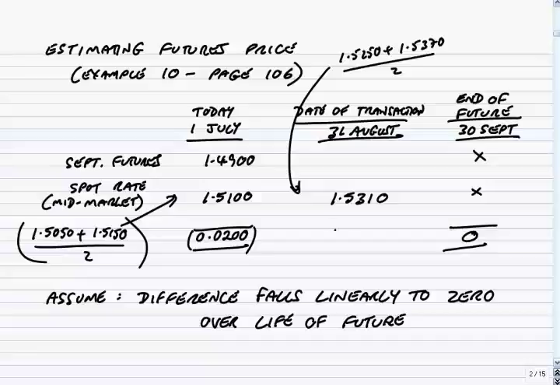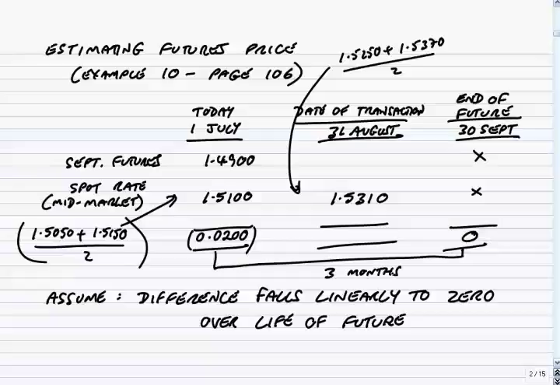So let's work it out. At the moment, how many months are there to go? Beginning of July to end of September, July, August, September, there's 3 months. We want to know what the difference will be at the end of August. By then, there's only 1 month to go.